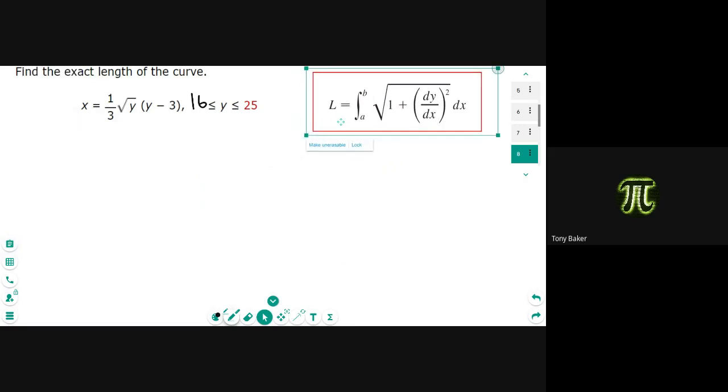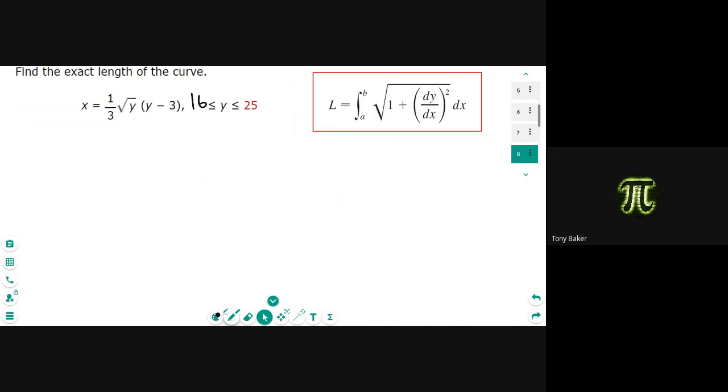It's the integral of that. That's the one for x. It just switches for y. So there's the arc length formula.